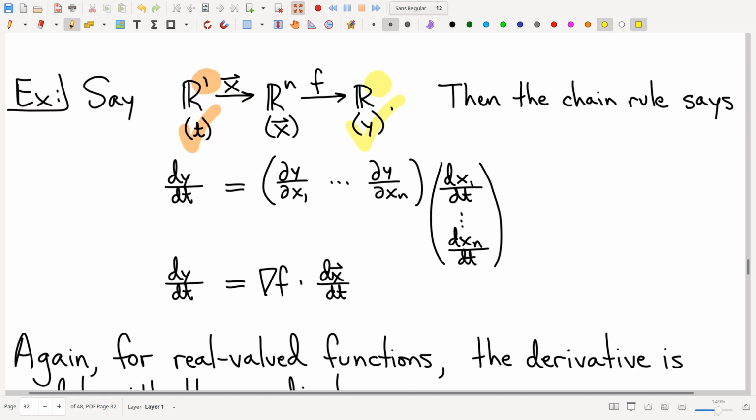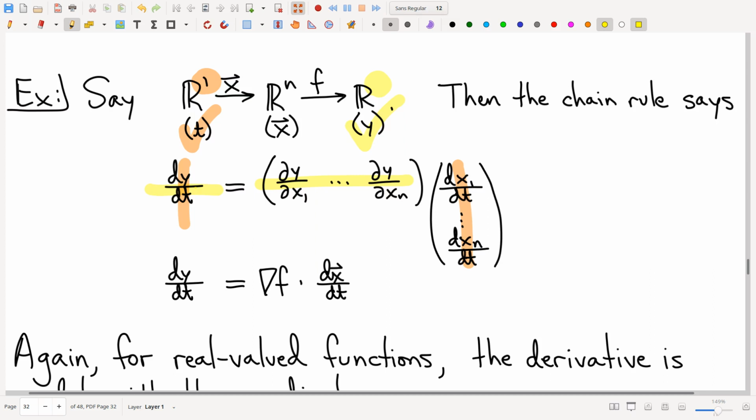So again, looking at the three different functions, there's the first function, there's the second function, there's the composition. The fact that we have one initial input tells me that I have only one column in each of these matrices. The fact that I have only one output means that I have one row in each of these two matrices.